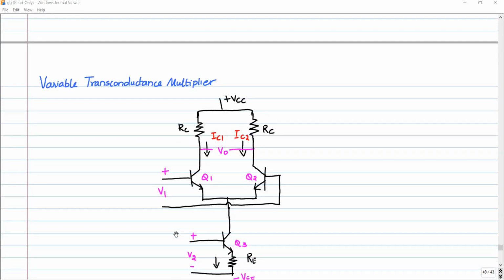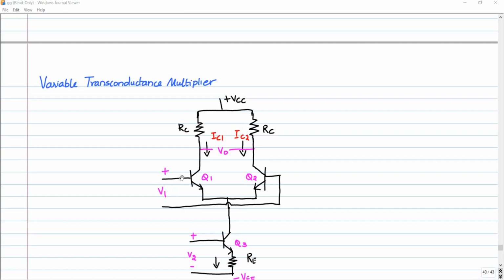The next type of multiplier is the variable transconductance multiplier. Here also I have a differential pair of transistors Q1, Q2, and RC and RC, both values are the same. This is my collector current IC1 and IC2. The other end of the RC is connected to my positive power supply.